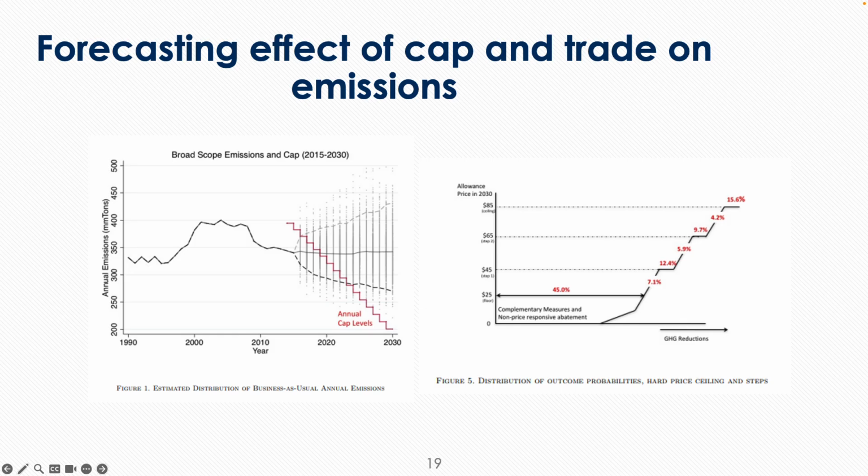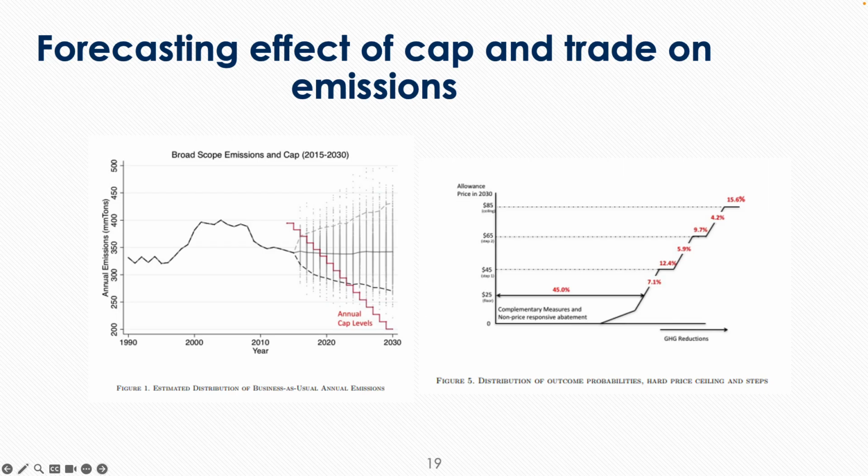And so this work did a bunch of economic partial equilibrium modeling to understand how we expect the allowance prices to change as we increase greenhouse gas reductions as an effect of the cap getting put into place.